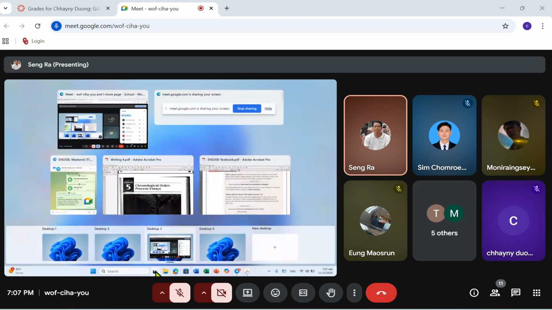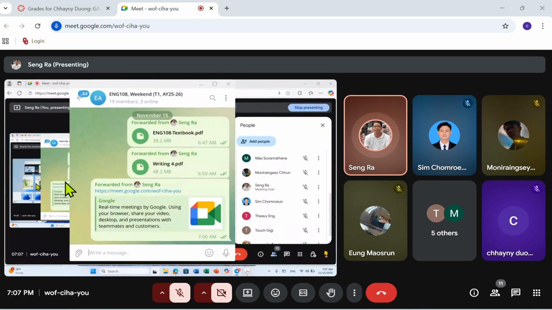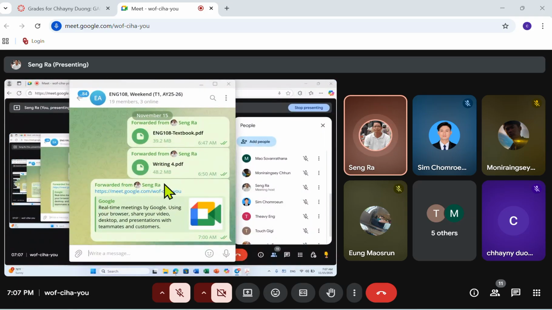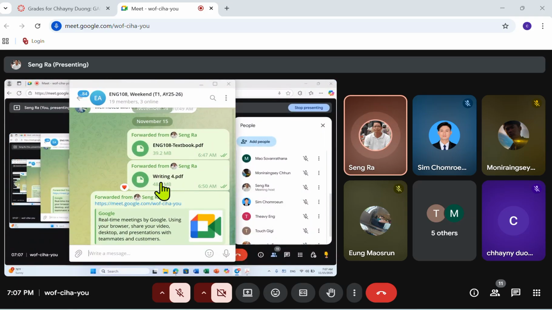Of course, I just dropped the textbook, everybody. The new textbook. This is the textbook. This focuses on academic writing, Writing 4. This is our main textbook, and you can use it for more reference.